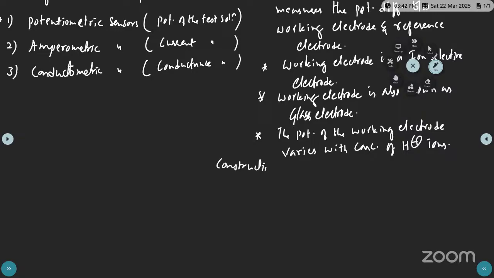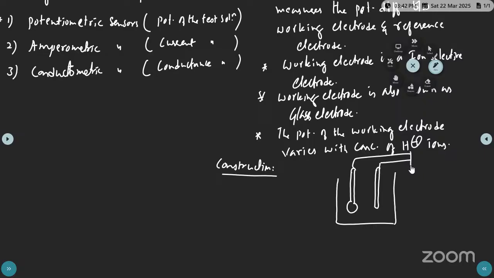Construction. See, this potentiometric sensor has two electrodes. One is working electrode and another one is the reference electrode. And these two electrodes are connected to a device.